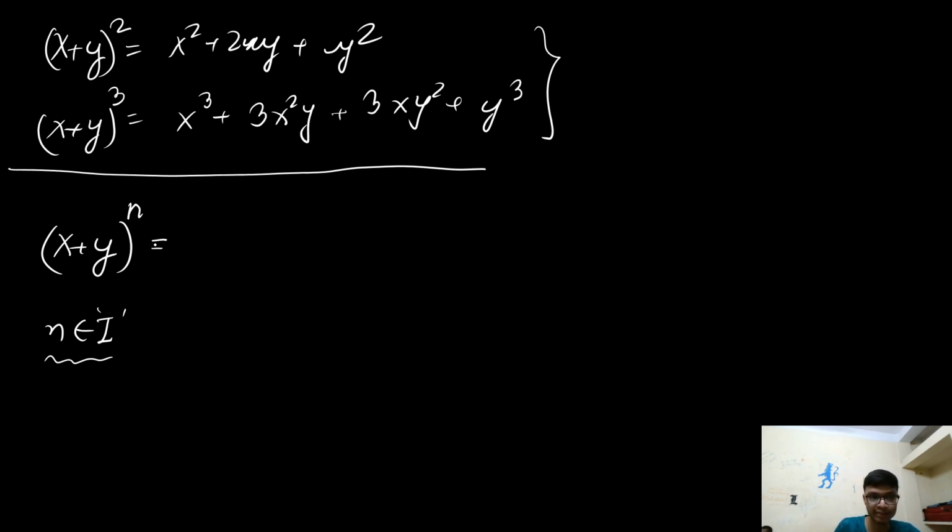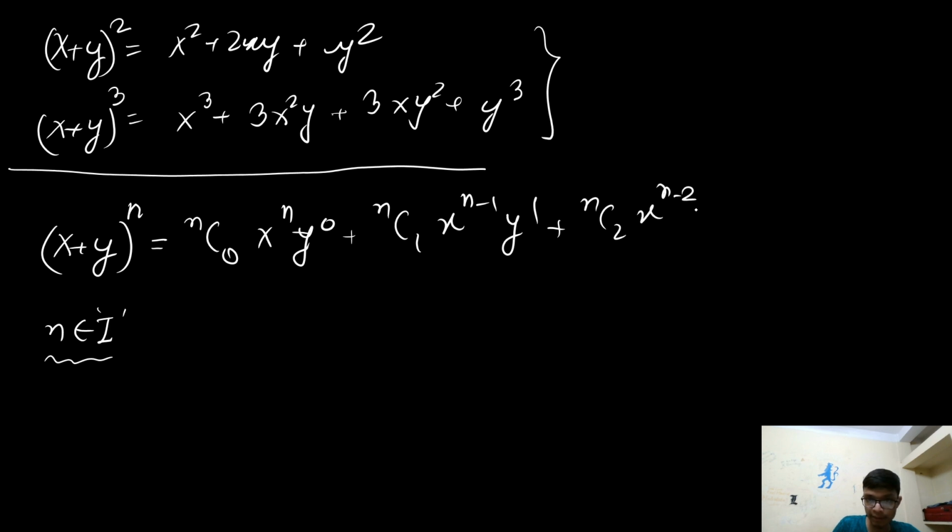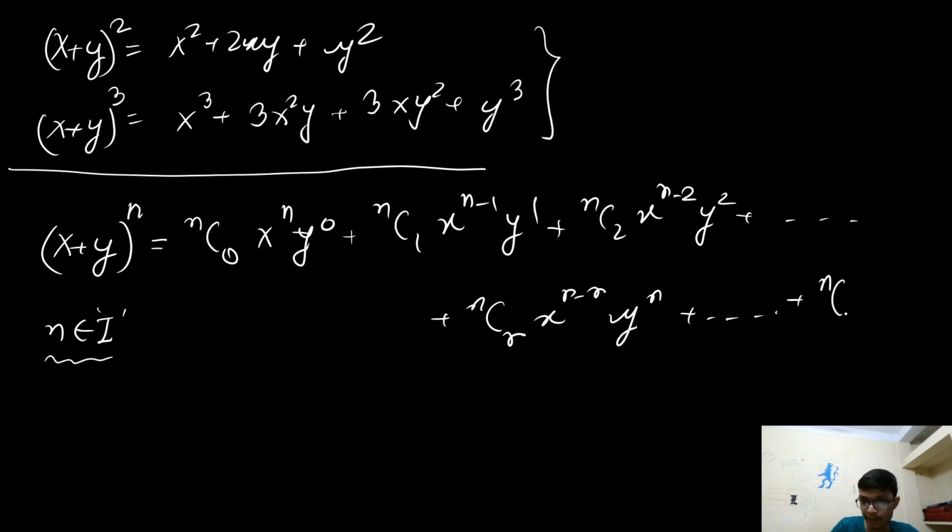We write this expansion as nC0 x to the power n y to the power 0, plus nC1 x to the power n minus 1 y to the power 1, plus nC2 x to the power n minus 2 y to the power 2, and so on up to nCr x to the power n minus r into y to the power r, and continue until you get nCn x to the power 0 and y to the power n. So this is how we expand any binomial expression.